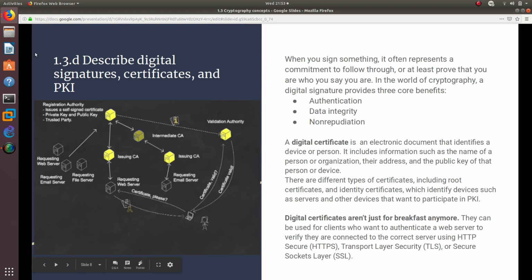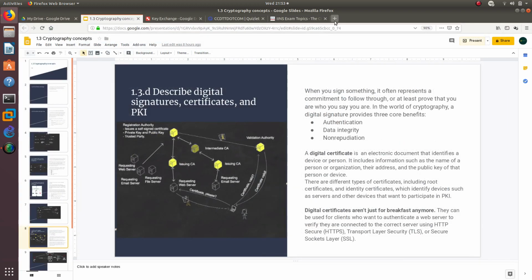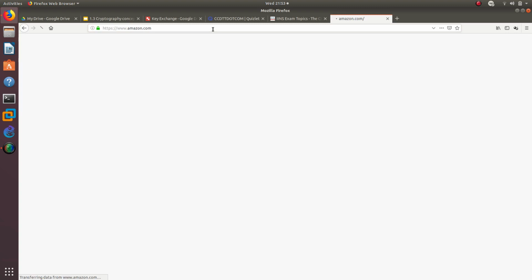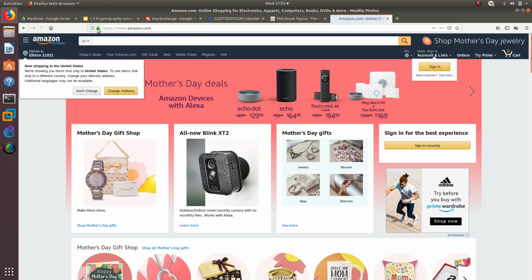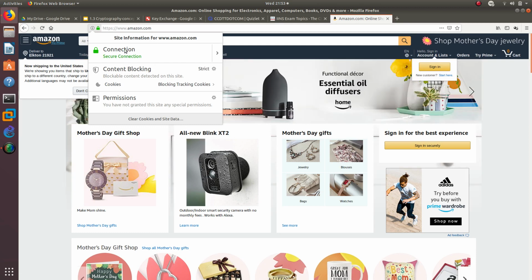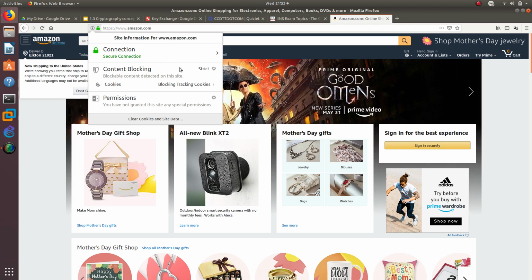If you go to a website, let's go ahead to Amazon.com, you're going to see right here that it has a key, and this key means that we have that Amazon certificate, and that certificate contains Amazon's public key.